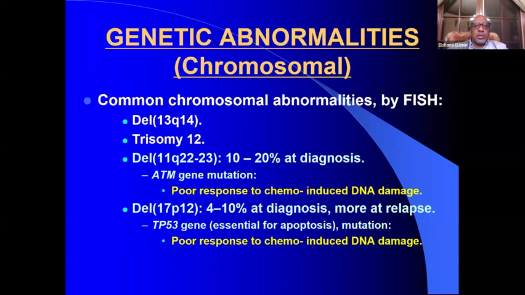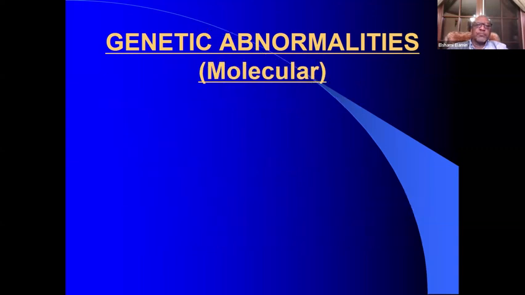So deletion 17p or TP53 gene mutation, similar to ATM gene mutation, those CLL with this feature have a poor response to conventional chemotherapy, alkylating agents. They don't respond well to the conventional chemotherapy. So you need to remember that.